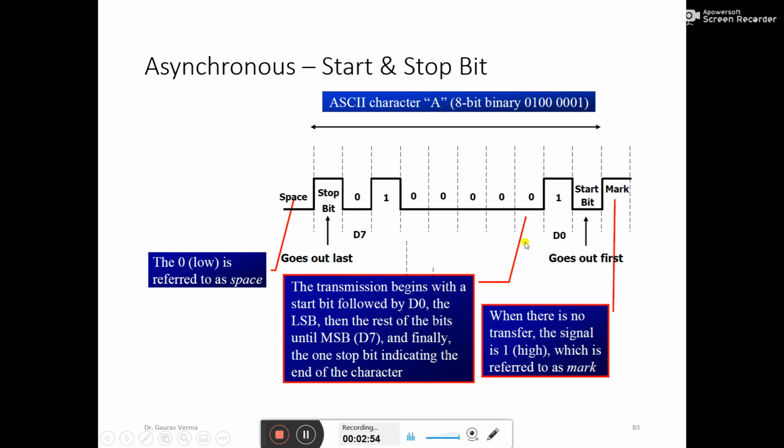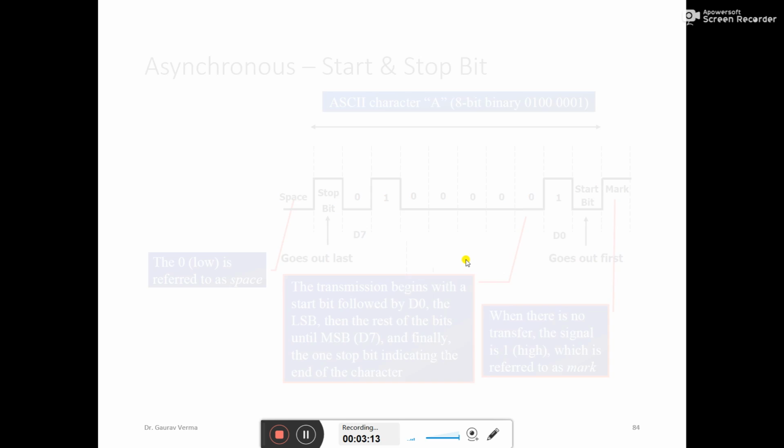When there is a transfer, the start bit goes low, and when it is low, the receiver understands that some data is about to come. Then the data is transferred, then a stop bit comes, and then a space is there. Then again the mark will start for the next case.